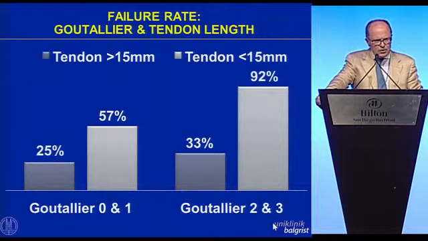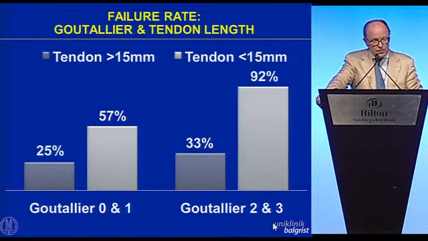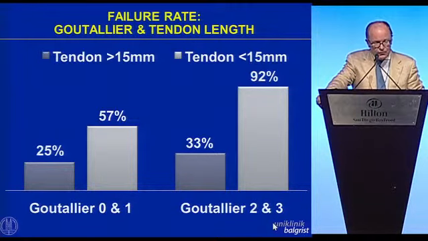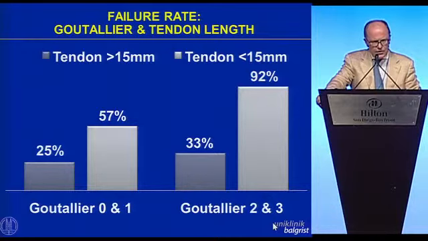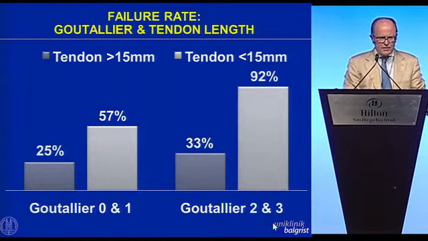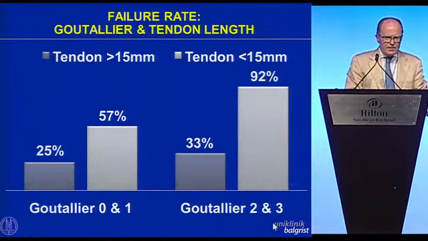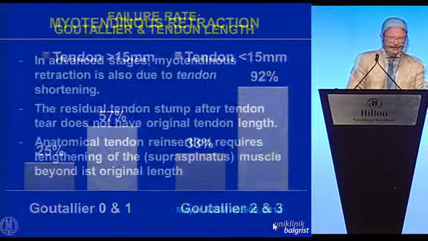However, if the tendon is short, then you have a much, much higher failure rate. Actually, if you have a Goutallier stage 2 and 3, but a long tendon, your failure rate is lower than if you have a Goutallier 0 and 1 with a short tendon. So tendon length is a very important factor.